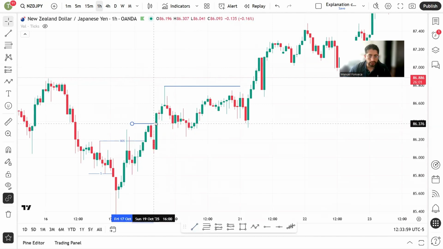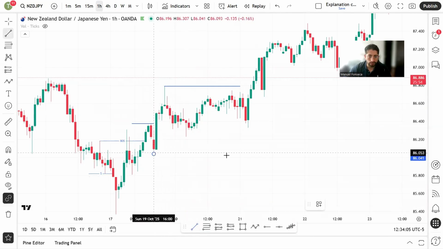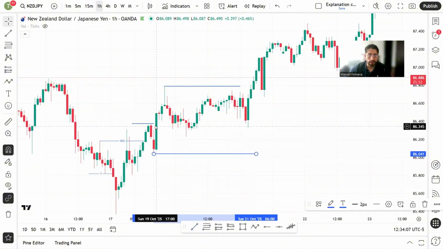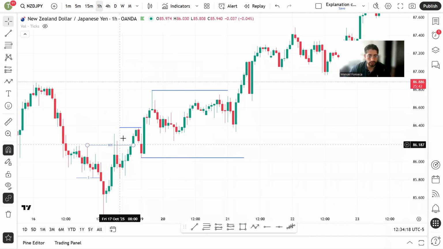Okay, so definitely here is a liquidity taken, but after that we will wait for a BOS, or break of structure, of the closest low, which is this one. Is this broken? No. So this cannot be considered a range ending, correct? This is not considered a range ending.